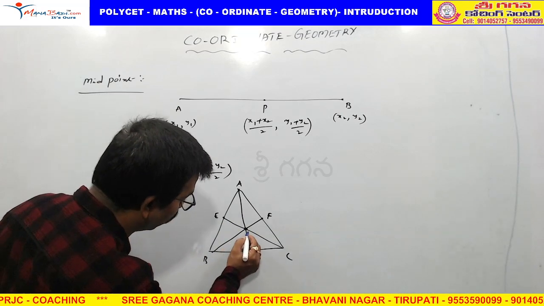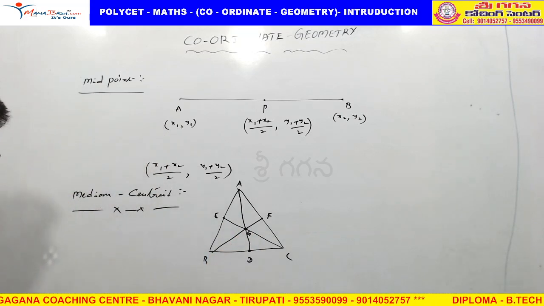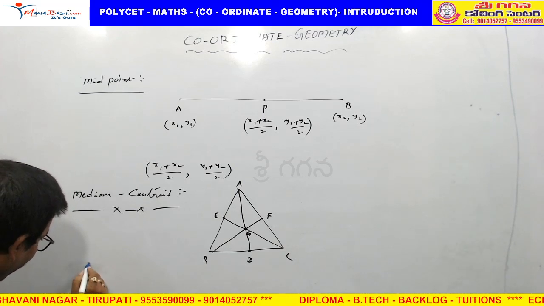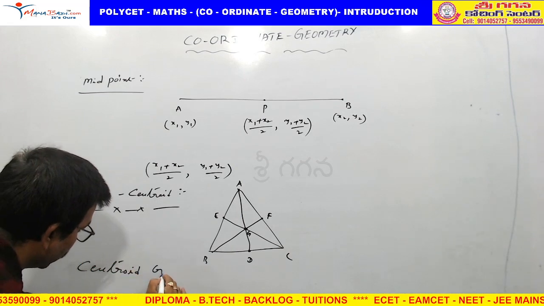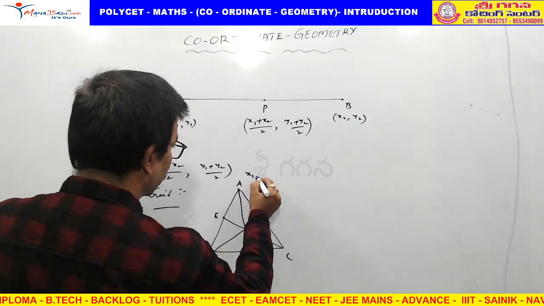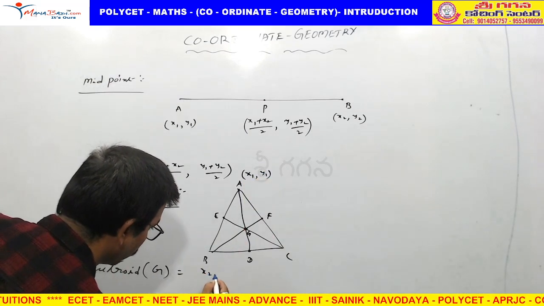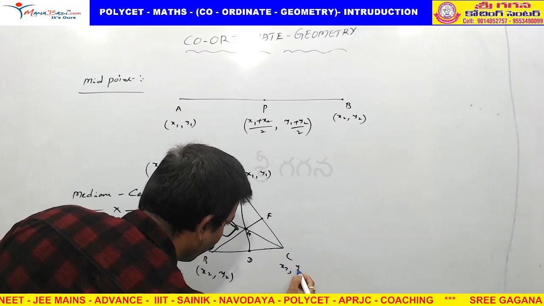It is denoted by G. Then how to write the centroid formula? The centroid G is always denoted by G equal to, if you take points x1 comma y1, for example these points, x2 y2, and here x3 y3.